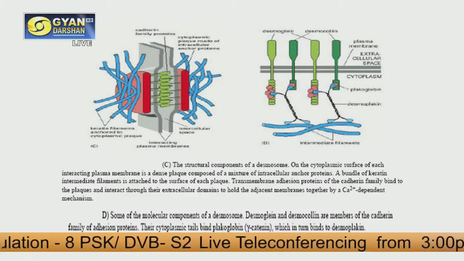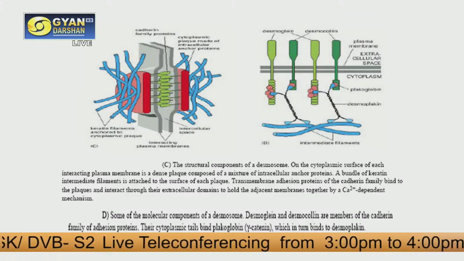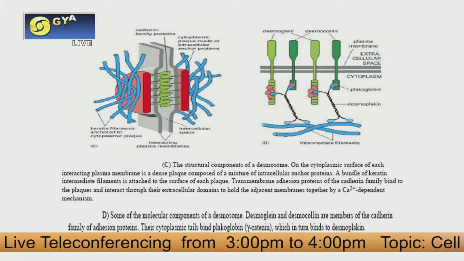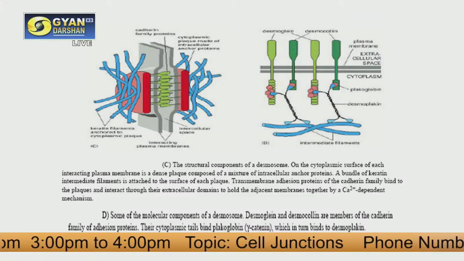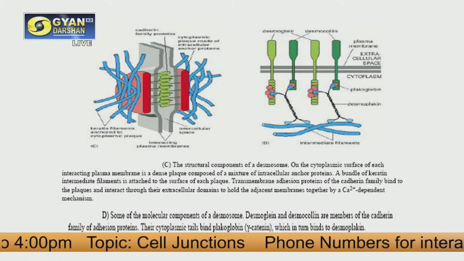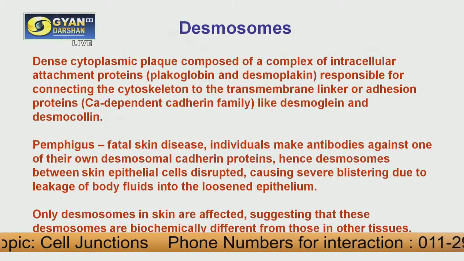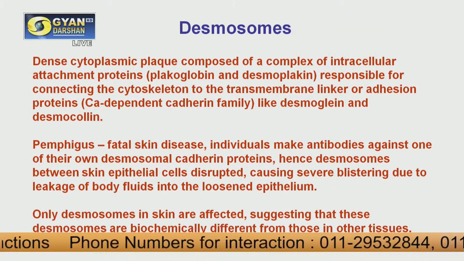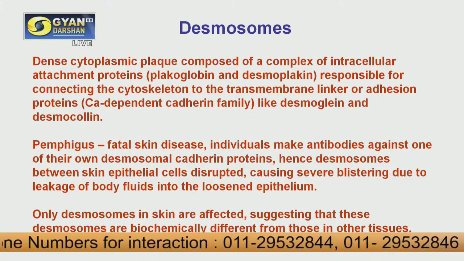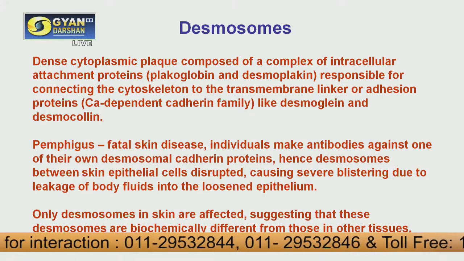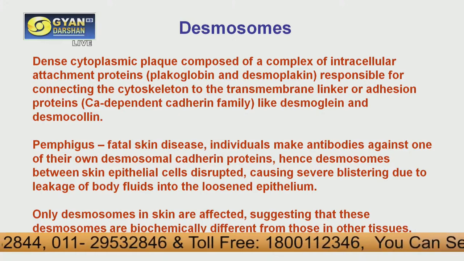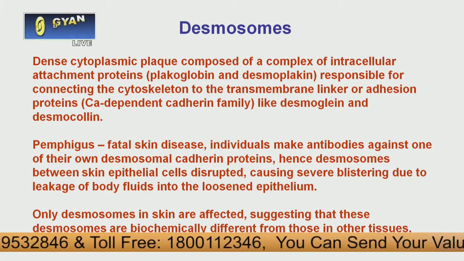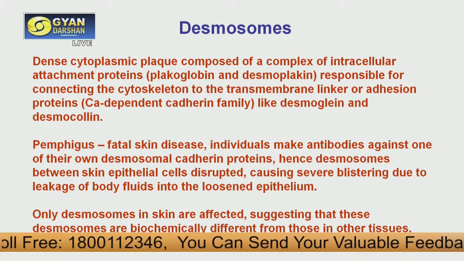So you have to remember some of the names of the proteins or examples of proteins which are helping in this binding or anchorage. A dense cytoplasmic plaque composed of a complex of intracellular attachment proteins, placoglobin and desmoplakin, is responsible for connecting the cytoskeleton to the transmembrane linker or adhesion proteins.